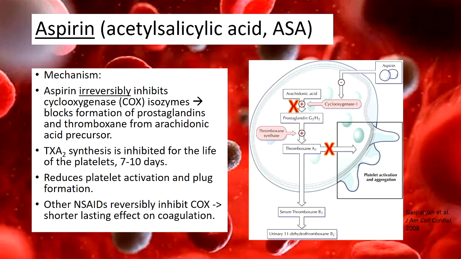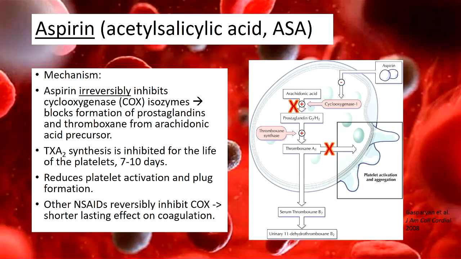Now because this is irreversible, what are the implications of that? Irreversible means it binds and doesn't unbind. It permanently changes. If you take too much, you're not that way. Well, true. Aspirin toxicosis is a bad thing.